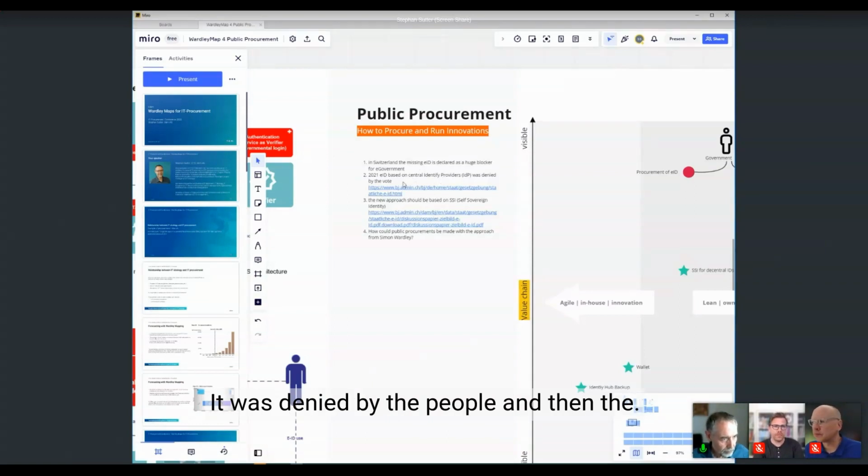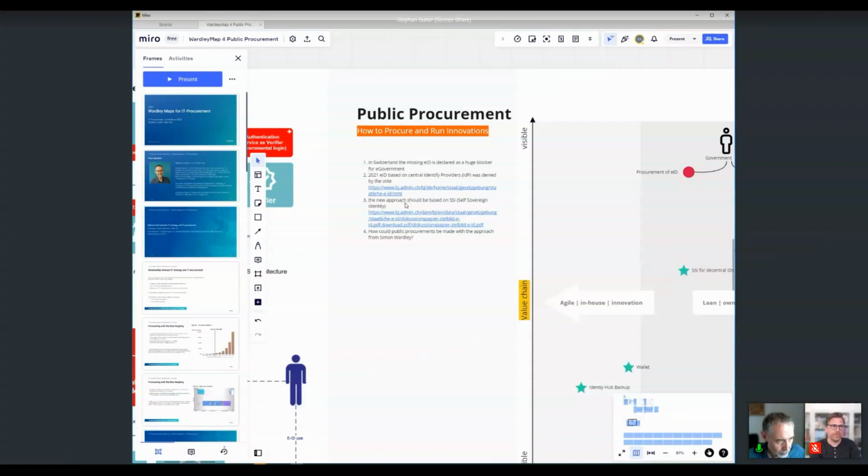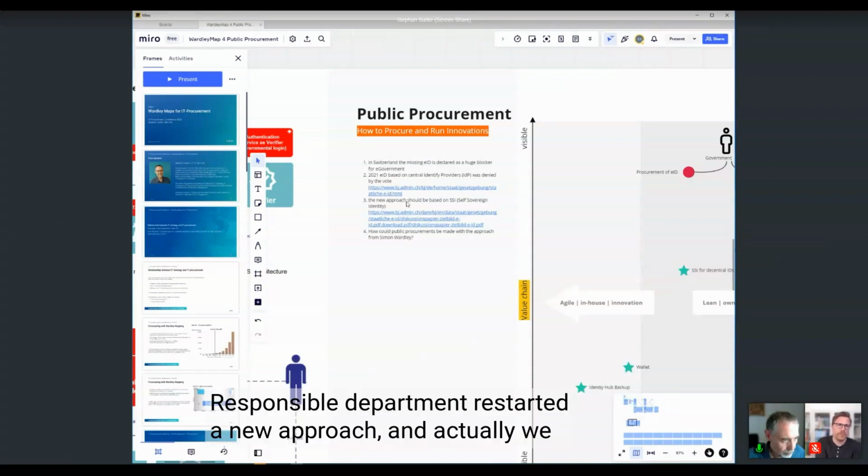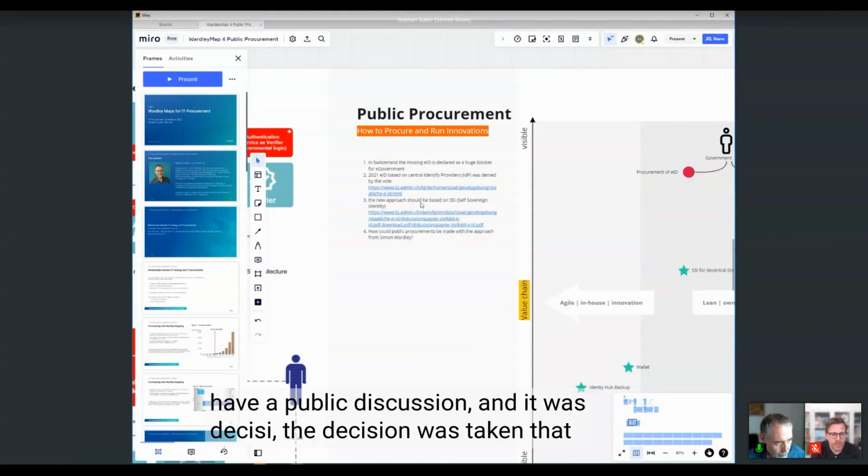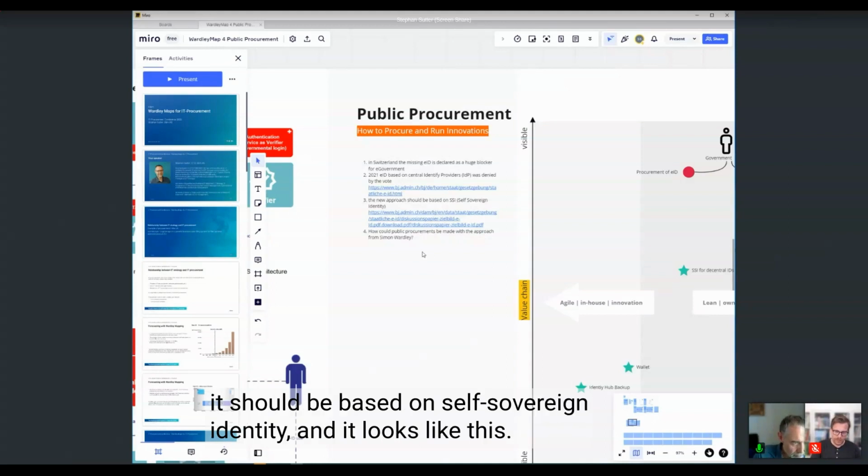It was denied by the people, and then the responsible department restarted a new approach, and actually we have a public discussion, and the decision was taken that it should be based on self-sovereign identity.